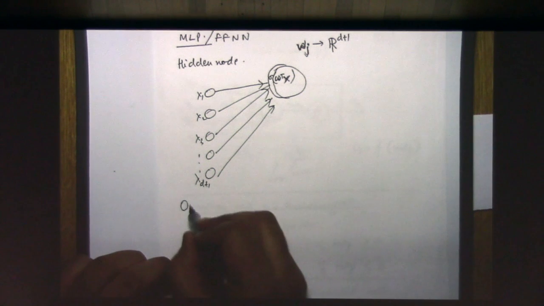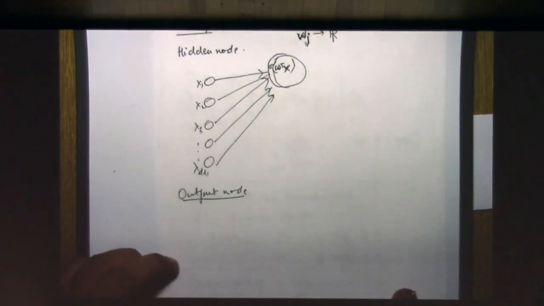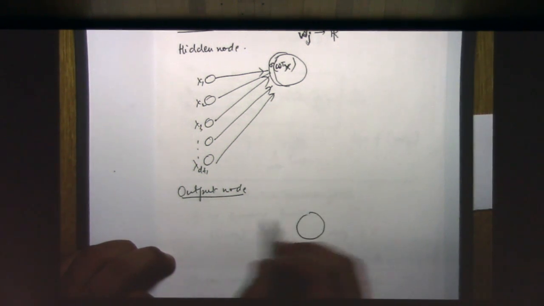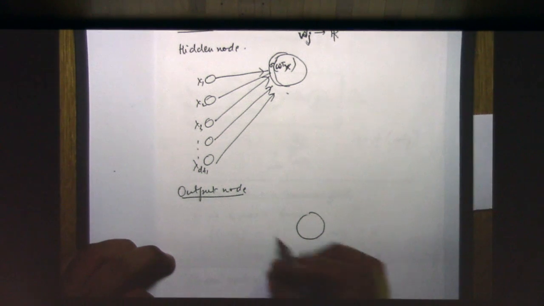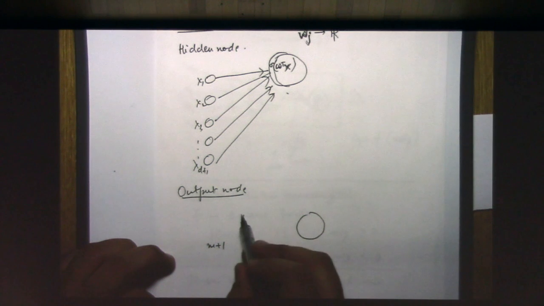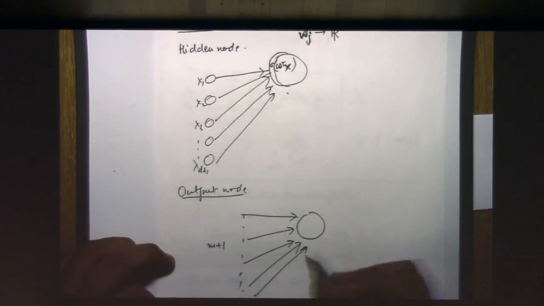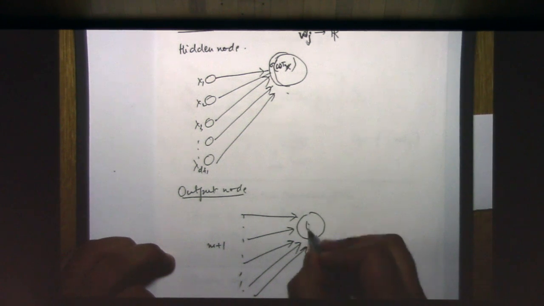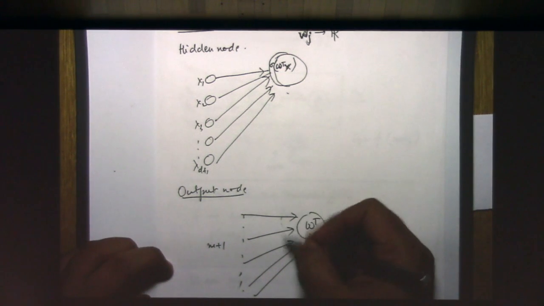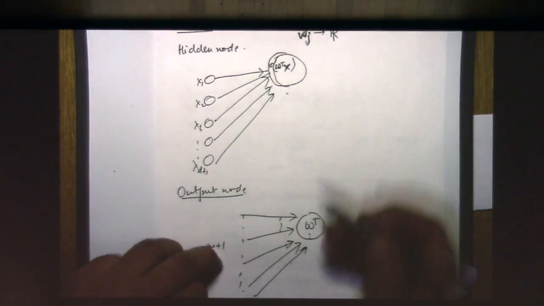And then the output node will take the outputs of each one of these hidden nodes, right? So there are M+1 hidden nodes, including the bias node, and each one of them is sending some output. And this one combines them, does a w transpose of whatever. Now I'm not going to write x here because x was used for inputs. So these are the outputs of these nodes.